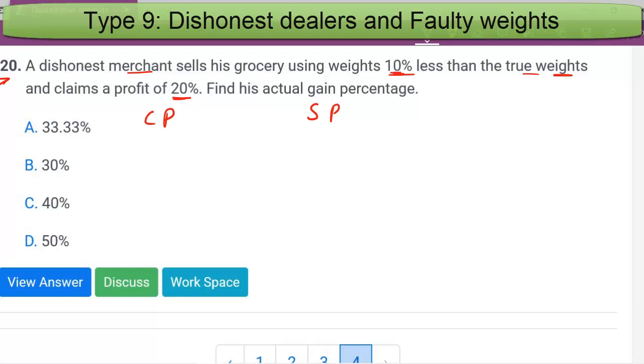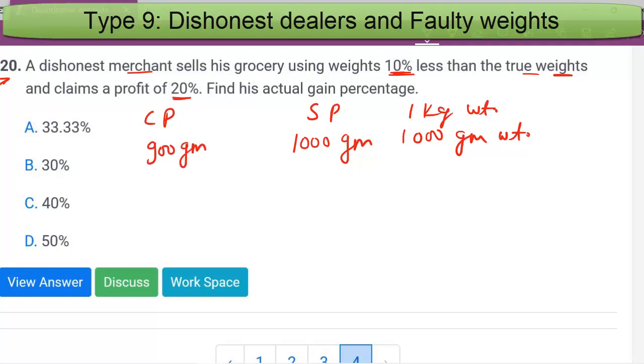For example, if he is using a 1 kg weight, or we can say 1000 gram weight, to the customer he is saying that you are getting 1000 gram, but since this weight weighs 10% less, for him it is 900 gram, right?